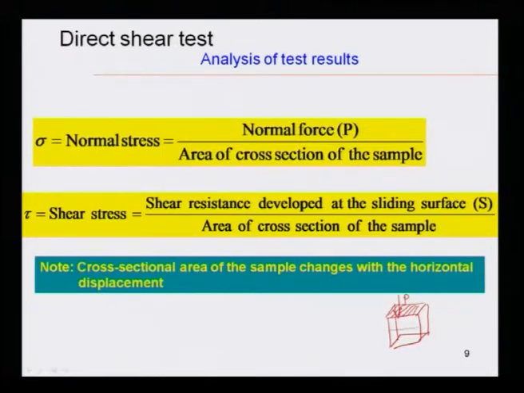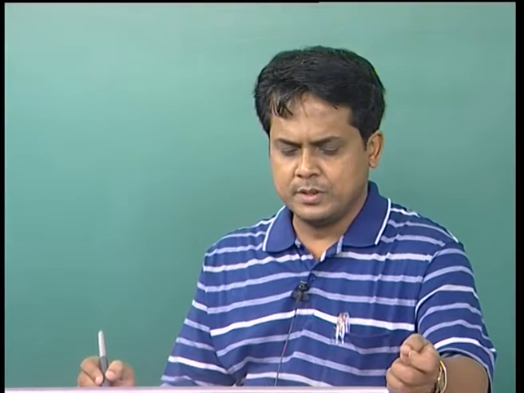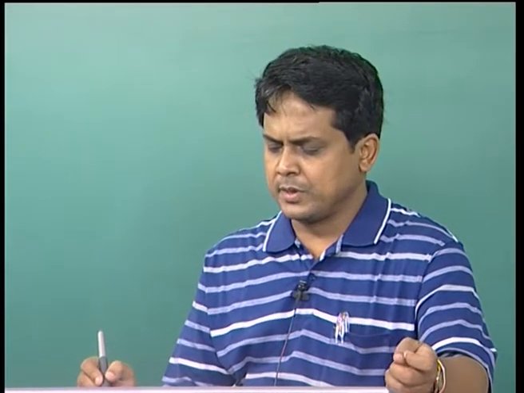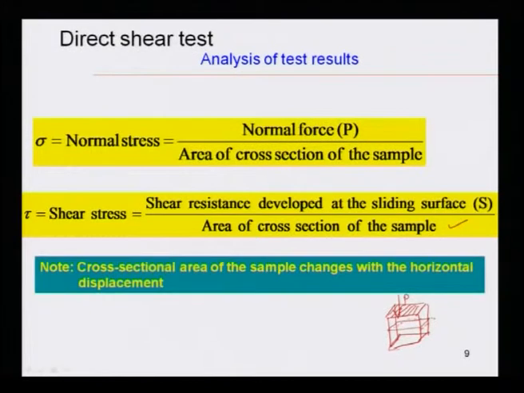However, for shear stress, as this is a predefined failure plane, this area will be distorted every time, for every shear. That means area correction is required for shear stress. The area of cross section of the sample has to be corrected for each shear load, as shear stress is equal to the shear resistance developed at the sliding surface divided by the area of cross section of the sample.